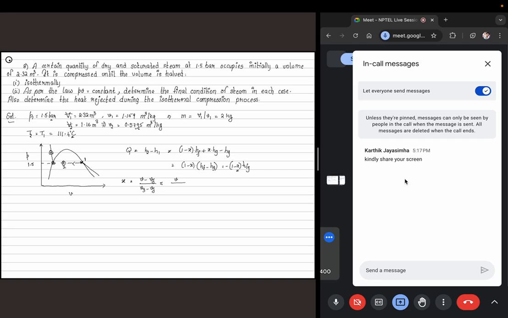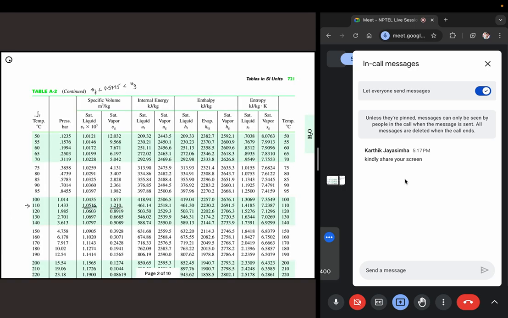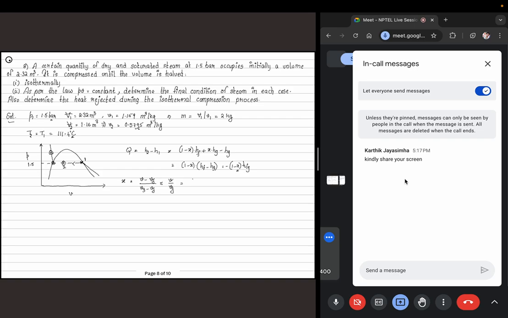So this will be approximately, just using some approximations, but then you can also calculate them directly. Like I said before, you can also directly take the value of HFG from this.